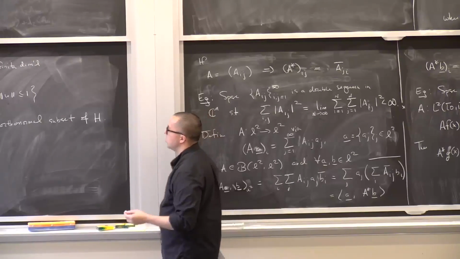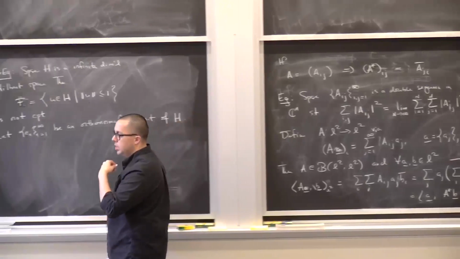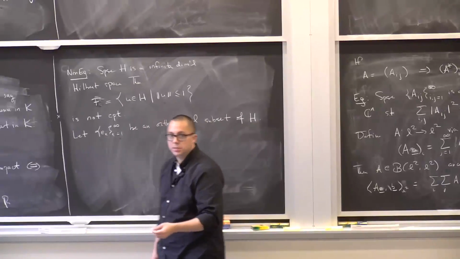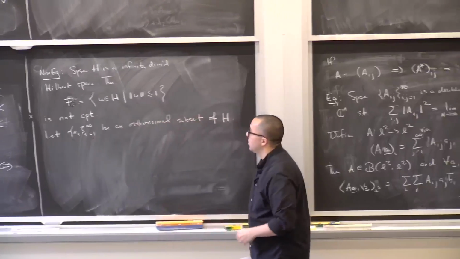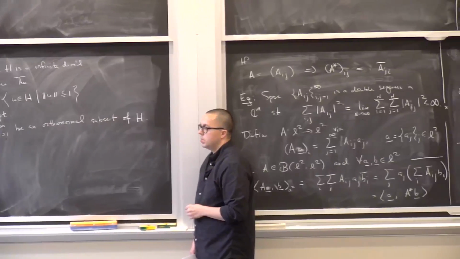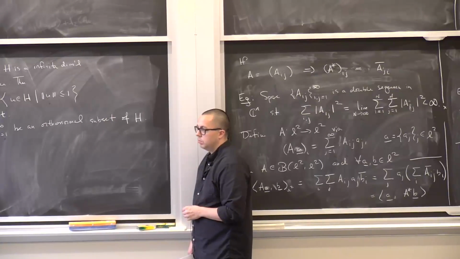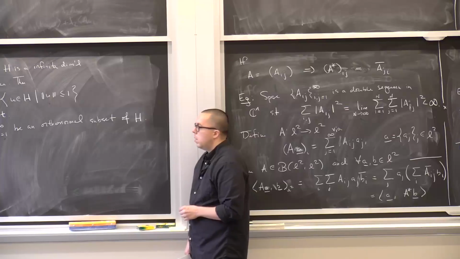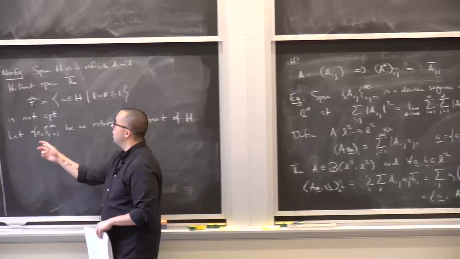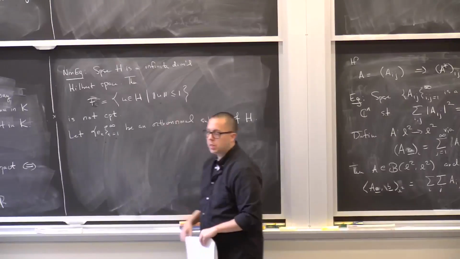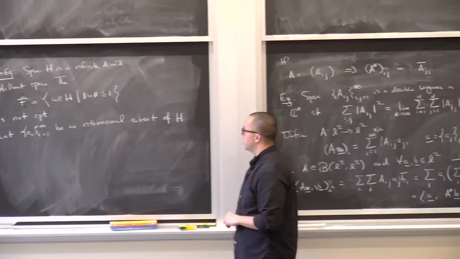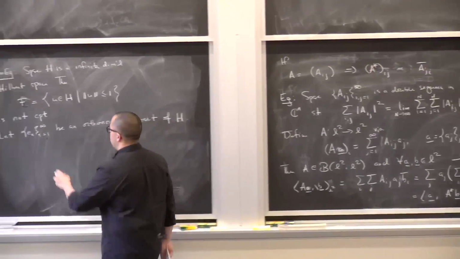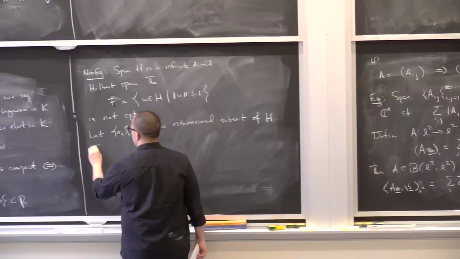Why is this? Because we can find a countable set of linearly independent vectors in an infinite dimensional vector space. Then we can make them orthonormal by applying the Gram-Schmidt process to that collection and come up with a countably infinite orthonormal subset.